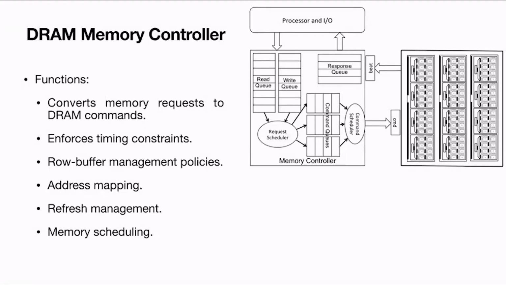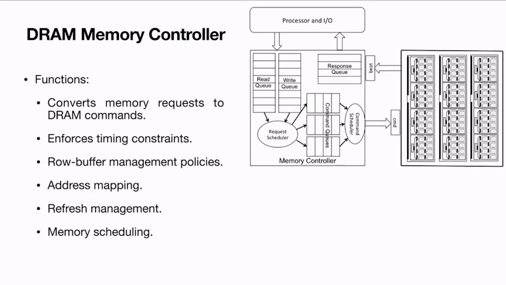But when we place the data in the sense amplifier, how long can we keep it there? Can I keep it forever? Or once I service a request, should I just write it back to the memory? That is given by the row buffer management policies.